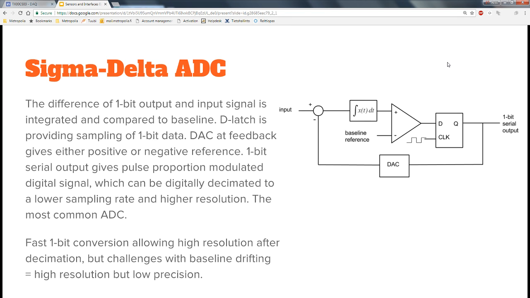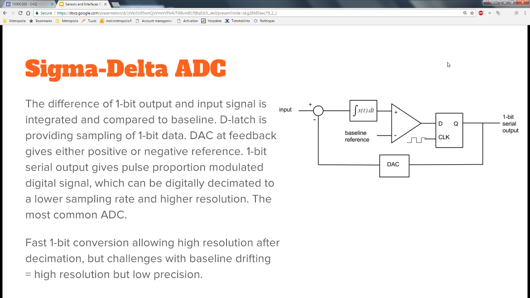But everything after that is done in the digital domain, which means a very small number of analog circuits there, and some fast logic circuits, which means this is the cheapest technology available.